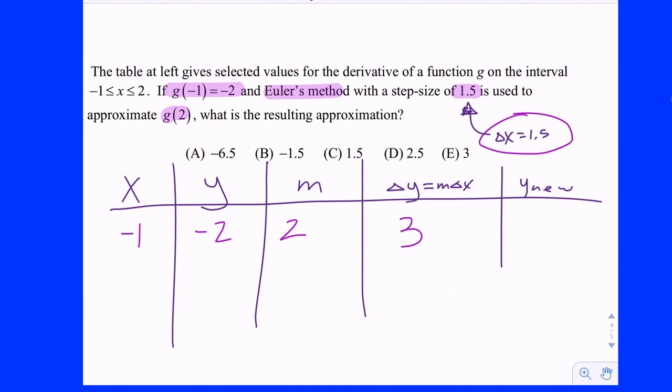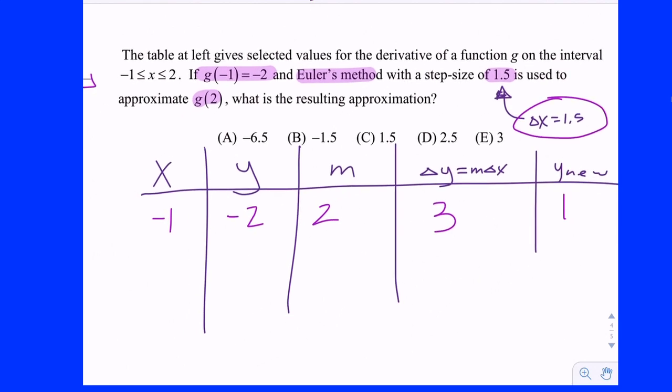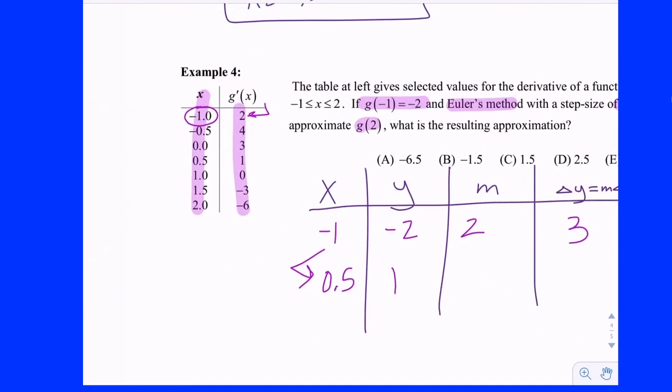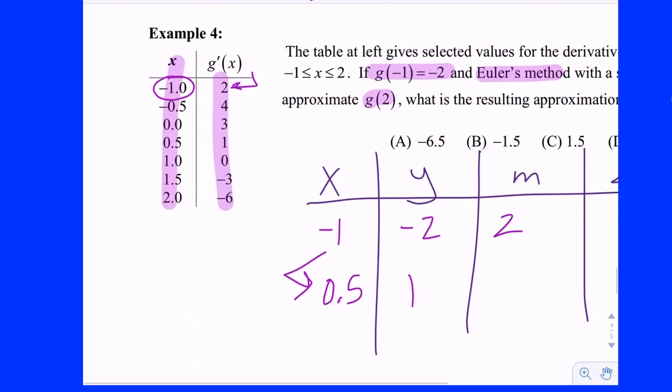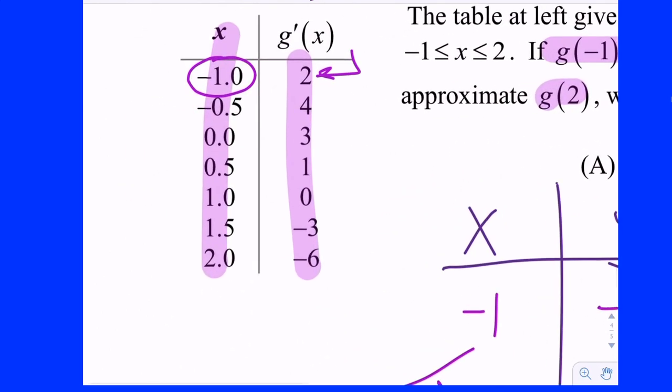So that puts us at 1. Now what's our new x value? -1 plus 1.5? 0.5. And we bring the 1 around. What is the slope at 0.5? Is it 4? That's the next one in the table.